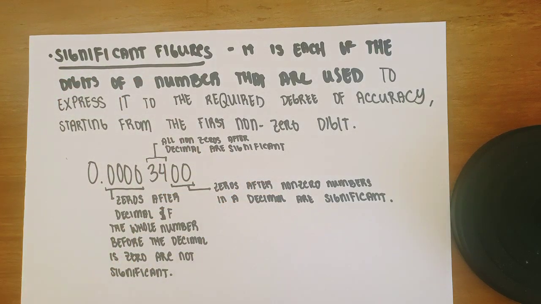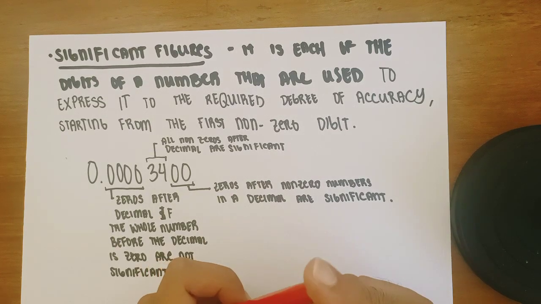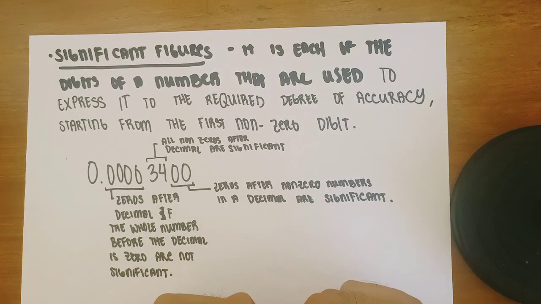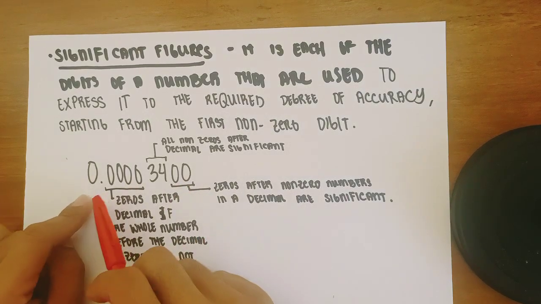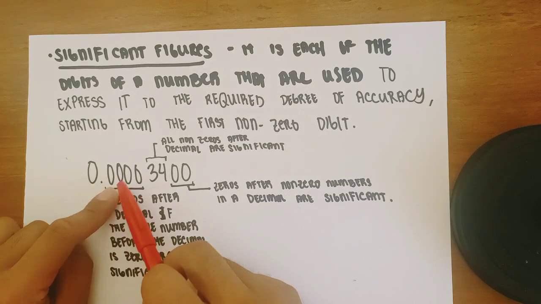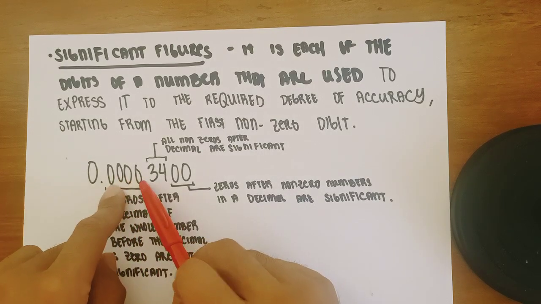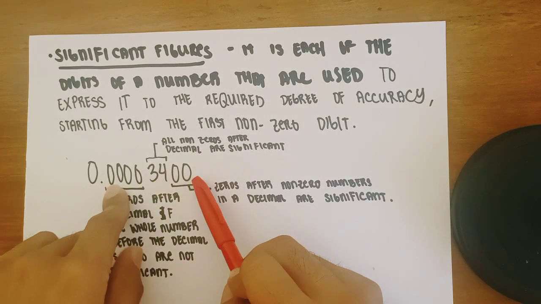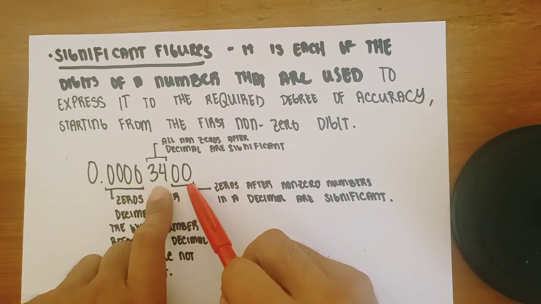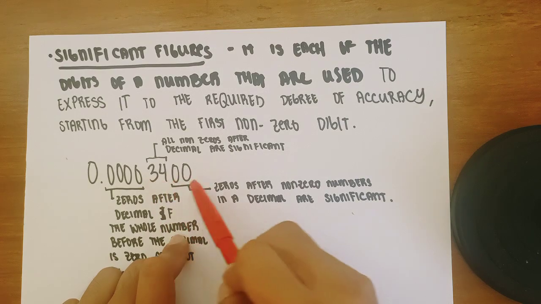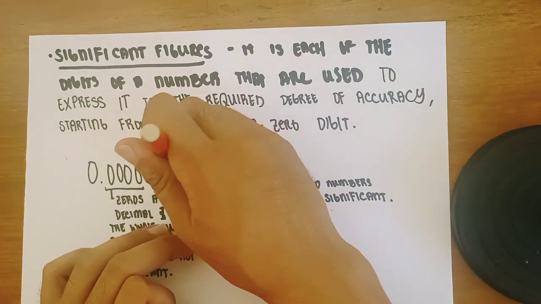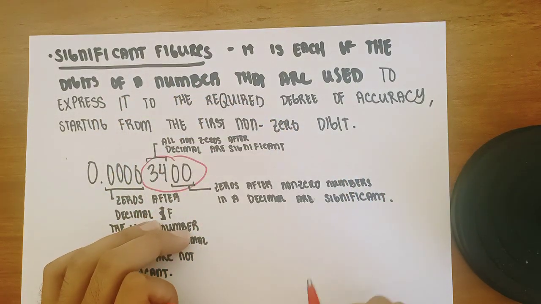So, ang gagawin natin is, we need to identify how many significant figures ang kailangan natin to give the answer to the questions. So, may mga specific rules na kinakailangan natin na sundin para ma-identify natin how many sig figs or significant figures ang kailangan. Ito, for example, 0.00003400. So, instantly, masasabi ko na this number has 4 significant figures, which is itong parte na to.